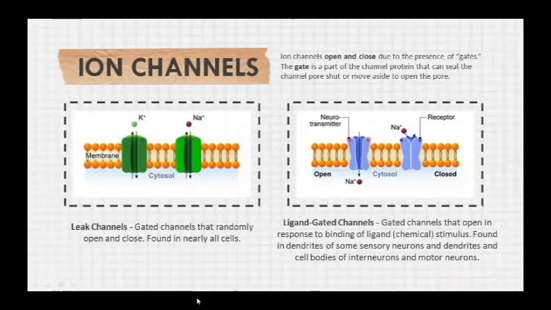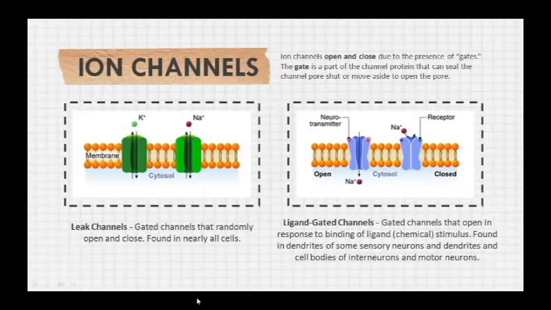So first, let us discuss the ion channels. Ion channels open and close due to the presence of gates. The gate is a part of the channel protein that can seal the channel pore shut or move aside to open the pore. If we remember when we studied the different transport systems within the plasma membrane, we already discussed different kinds of gated channels or ion channels.